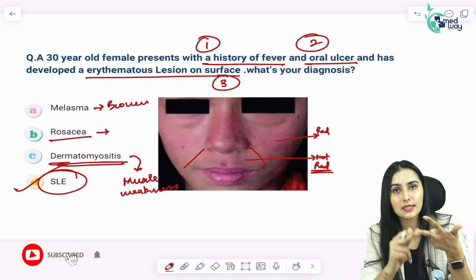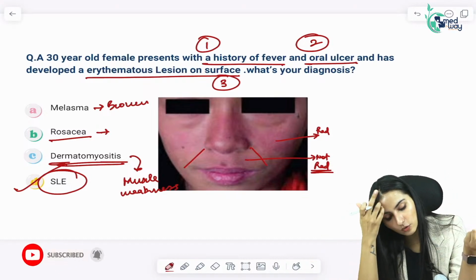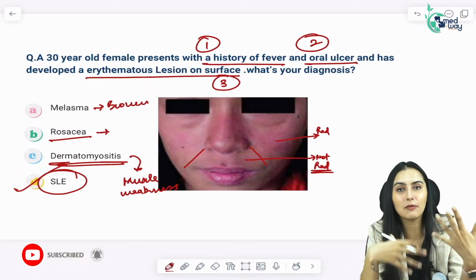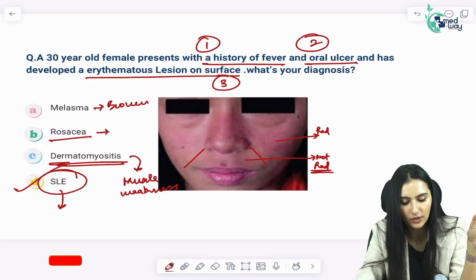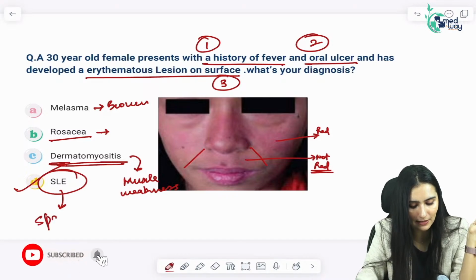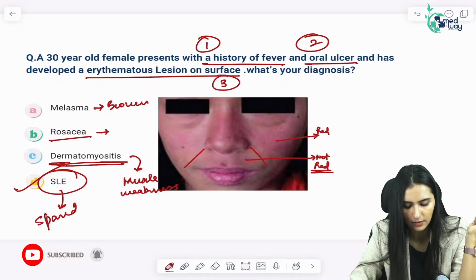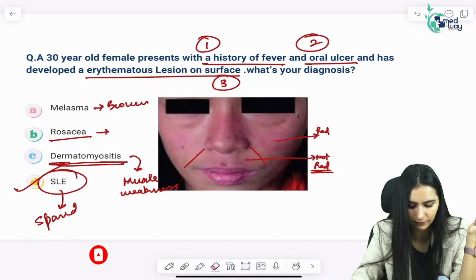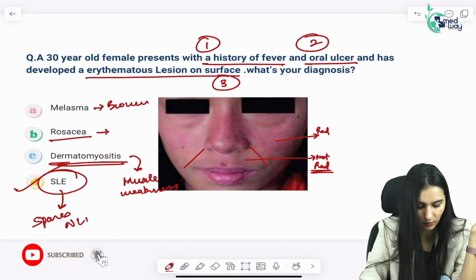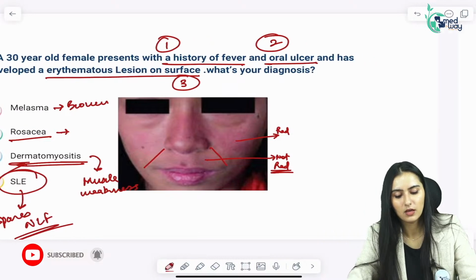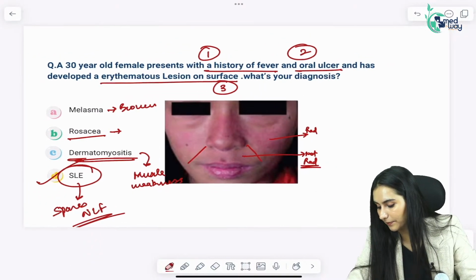There will be oral ulcers which are aphthous ulcers, and there is going to be this malar rash that becomes worse when exposed to sun. Okay, so these three things are there, and this spares the nasolabial fold. Okay, so simple answer, the answer is SLE.